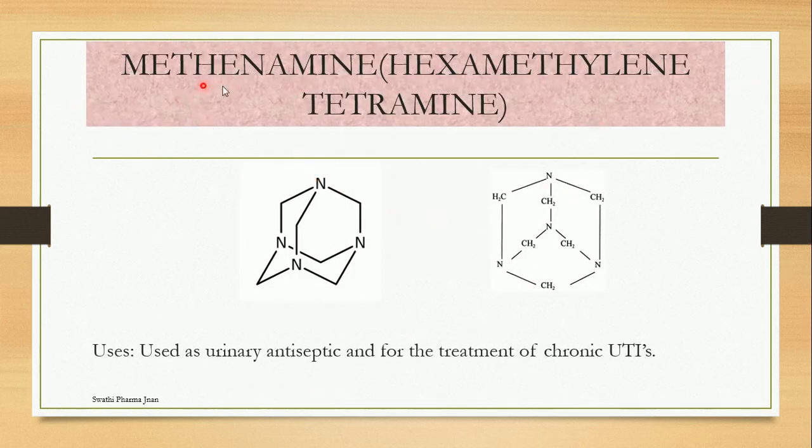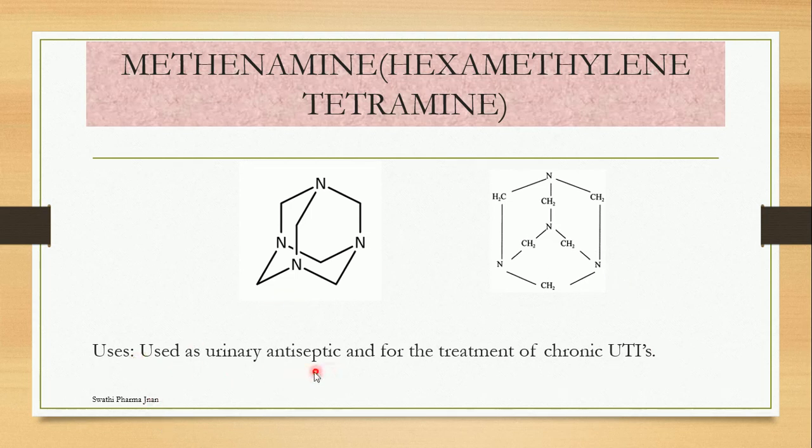Next structure is methenamine. Methenamine is also called hexamethylene tetramine. Hexa means 6, methylene means methylene groups, tetra means 4, amine means amine groups. 4 amino groups are present, 1, 2, 3, 4, and 6 methylene groups are present. Totally they form one structure, that is the methenamine structure.